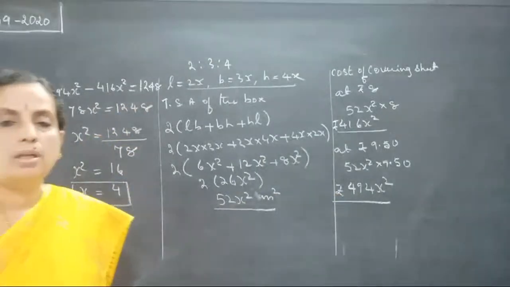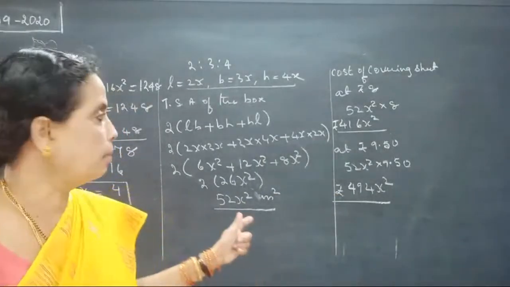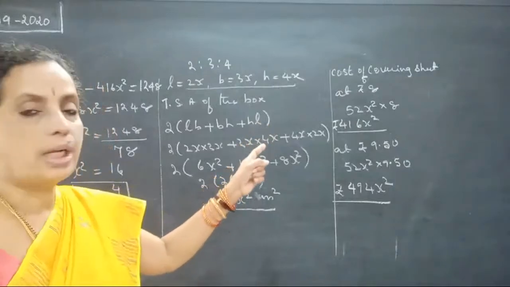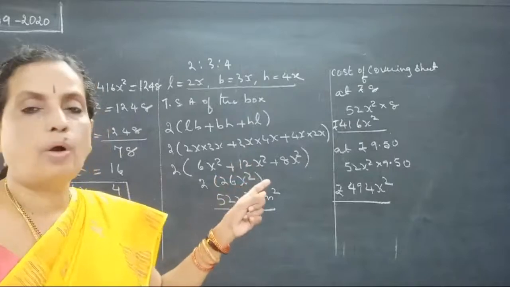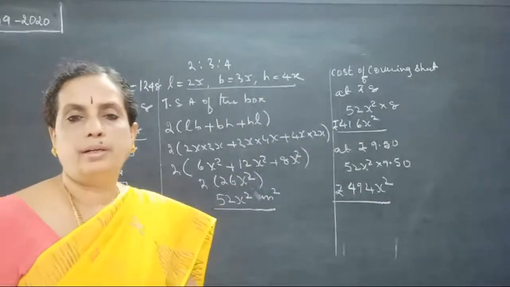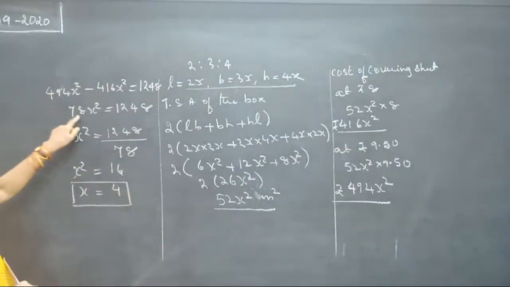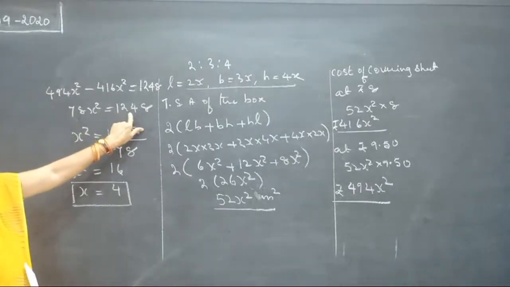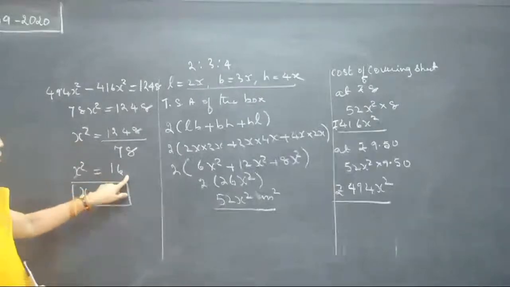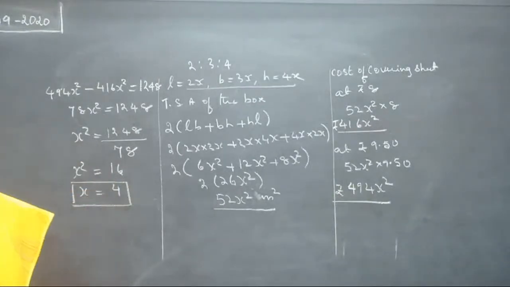So we calculated separately the cost at rupees 8 and the cost at rupees 9.50, and that difference is 78x square. It is in terms of amount. X square is 16, x equals 4.